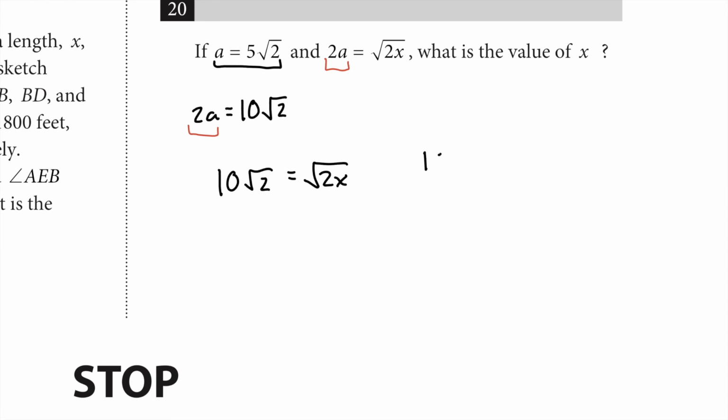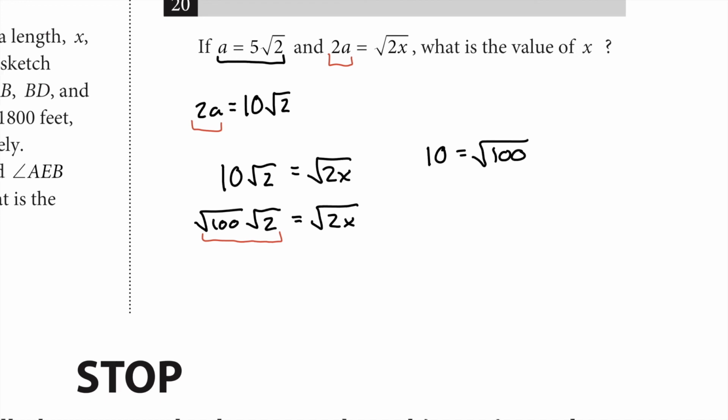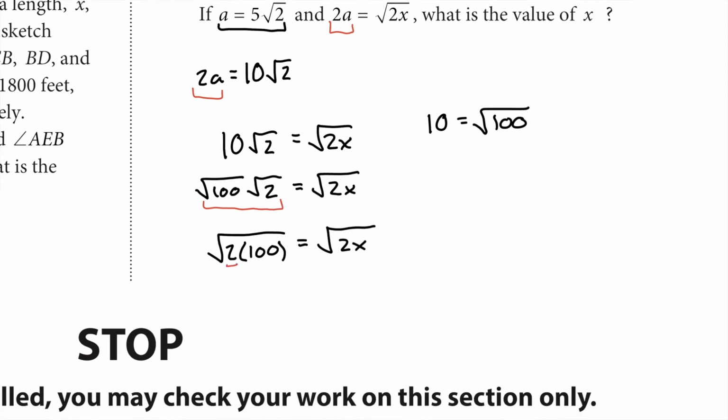We know that 10 is the same thing as the square root of 100, so we can substitute that in for the 10. So we have the square root of 100 times the square root of 2 equals the square root of 2x. This can just be written under the same square root. We get the square root of 2 times 100 equals the square root of 2 times x. Well, here's our 2, and here's our x. So we know that x equals 100.